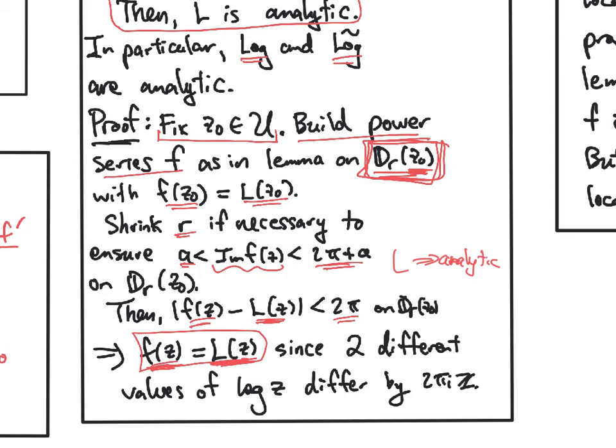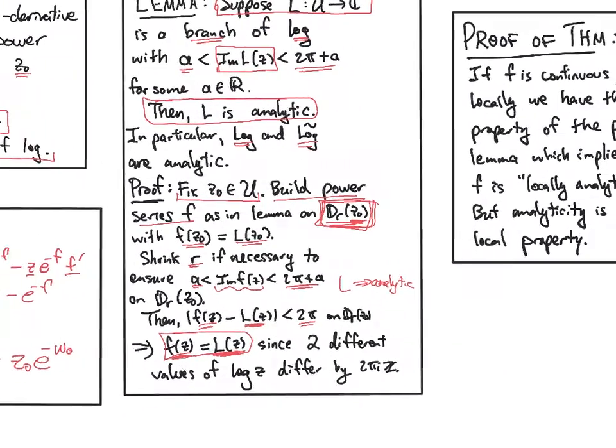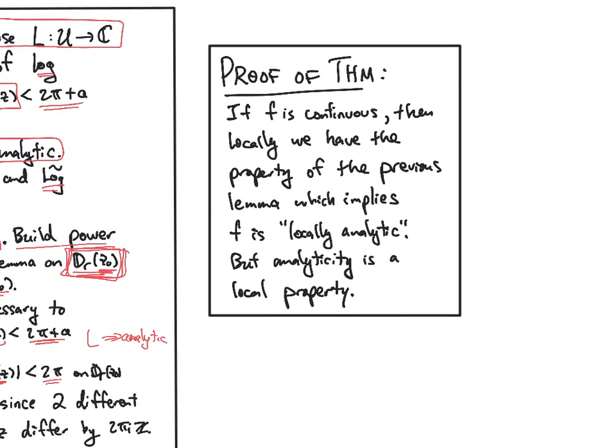So now let's prove the theorem that was mentioned, that continuous branches of log are analytic. Well, if I have a continuous branch of the logarithm, then locally we'll have the property of the previous lemma.